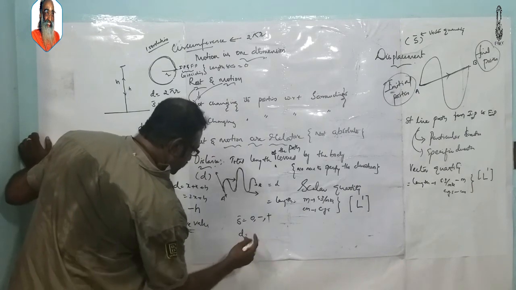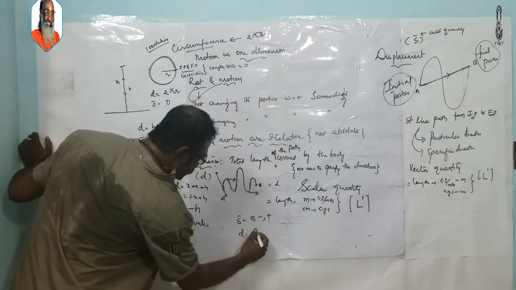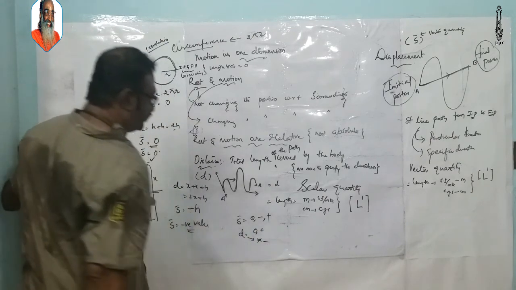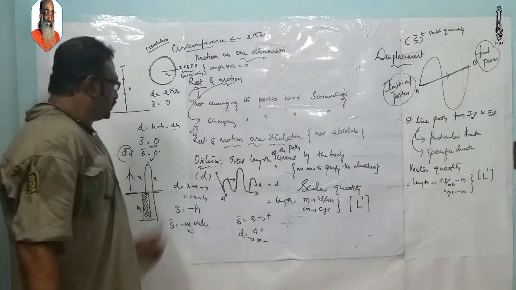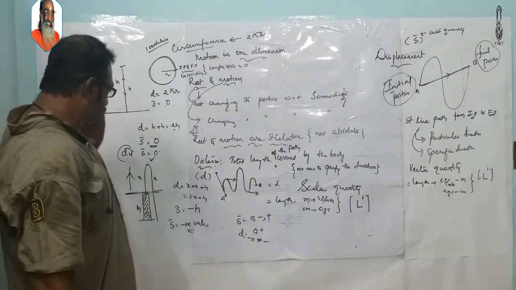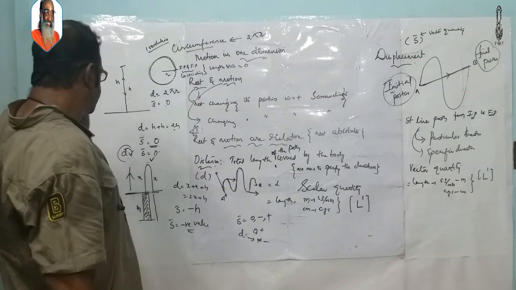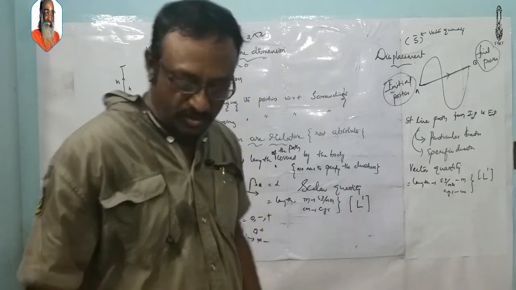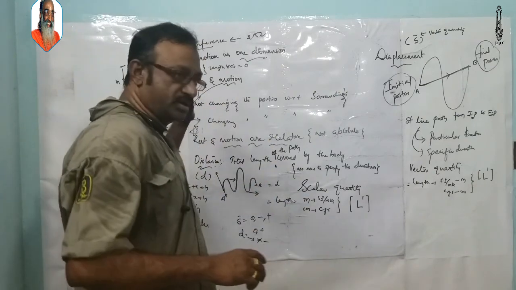But distance, if no distance is covered, can take 0 and positive values, but distance cannot take a negative value. Okay, so these are some examples for understanding distance and displacement, and we'll go with the next section. Now take a screenshot of this.